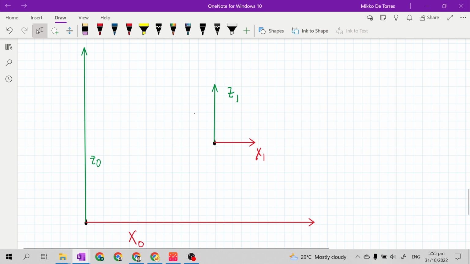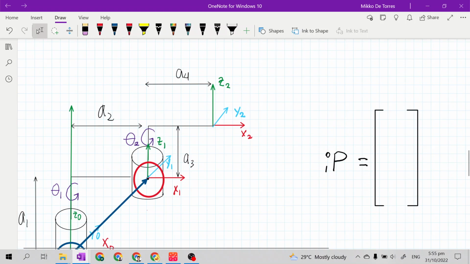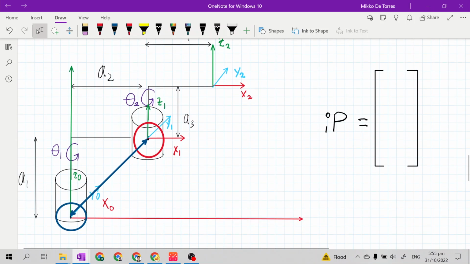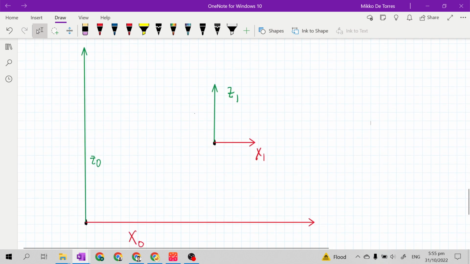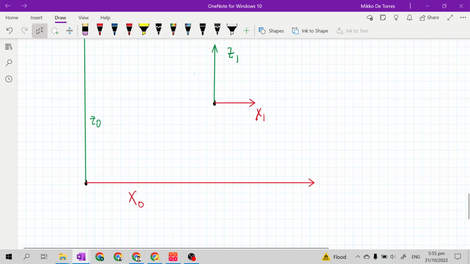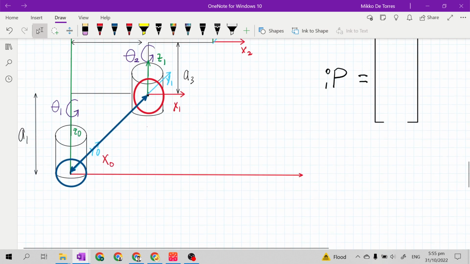So y sub 0 and y sub 1 are pointing at the back of our mechanical manipulator. Because they are pointing at the back, we can't measure how far the origin of frame 1 is to the origin of frame 0 at the back of our mechanical manipulator. We can only measure it at the front.